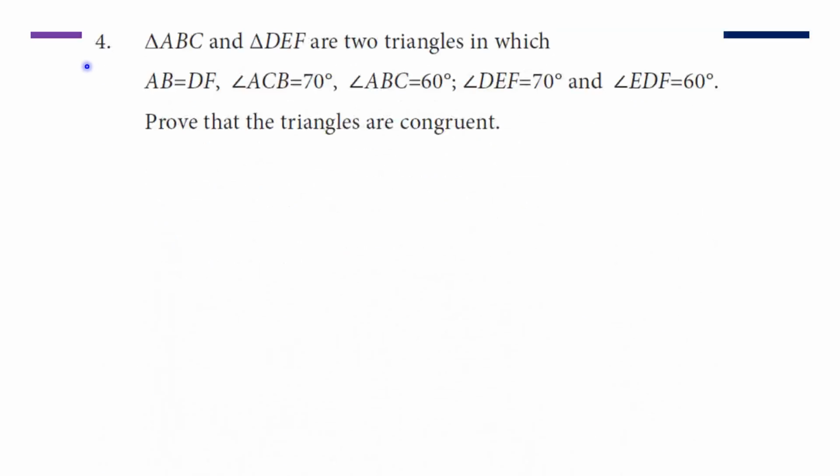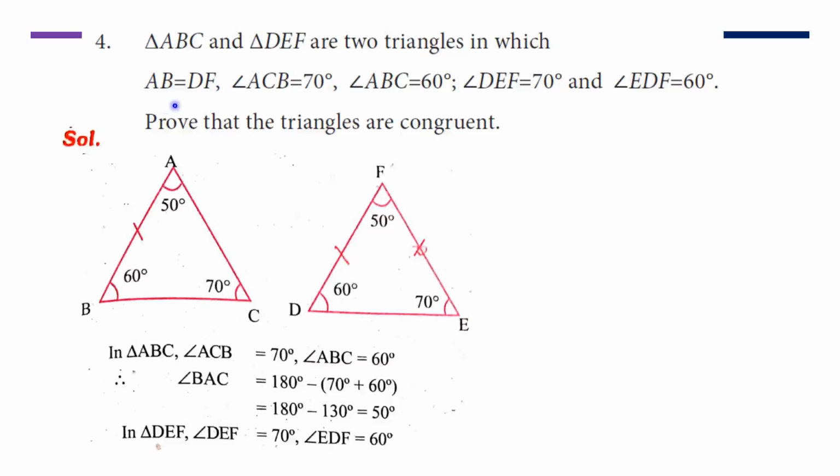See the fourth sum. Triangle ABC and triangle DEF are two triangles in which AB equals DF and angle ACB equals 70 degrees, angle ABC equals 60 degrees, angle DEF equals 70 degrees and angle EDF equals 60 degrees.